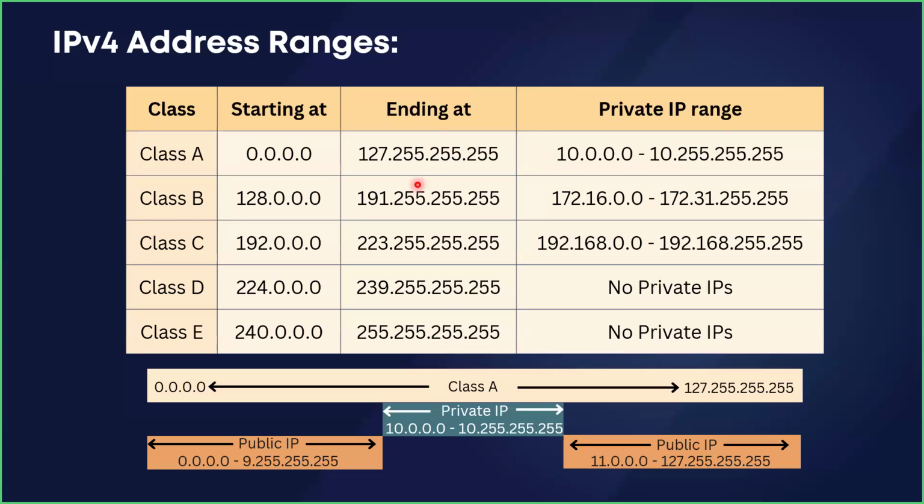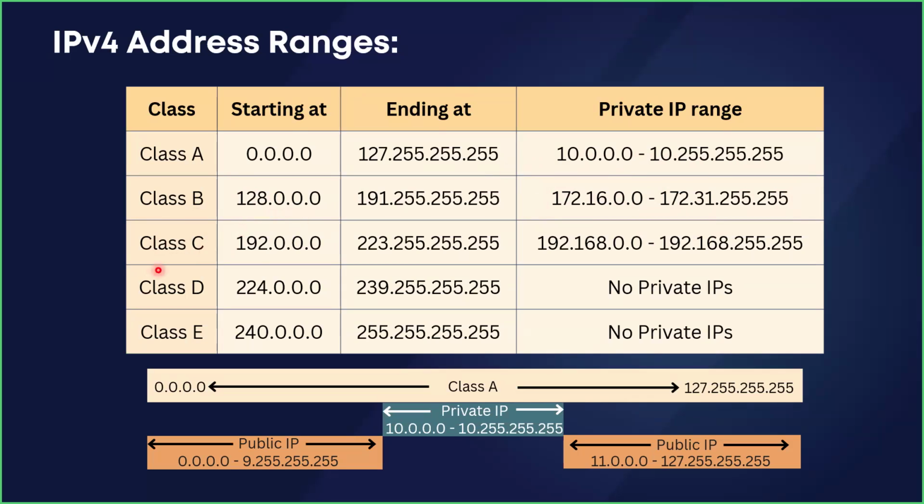In class B, between 128 and 191, there's a small range, 172.16.0.0 to 172.31.255.255. That is the private IP range in class B. Any IP within this range is a private IP. Any IP outside that range would be a public IP.